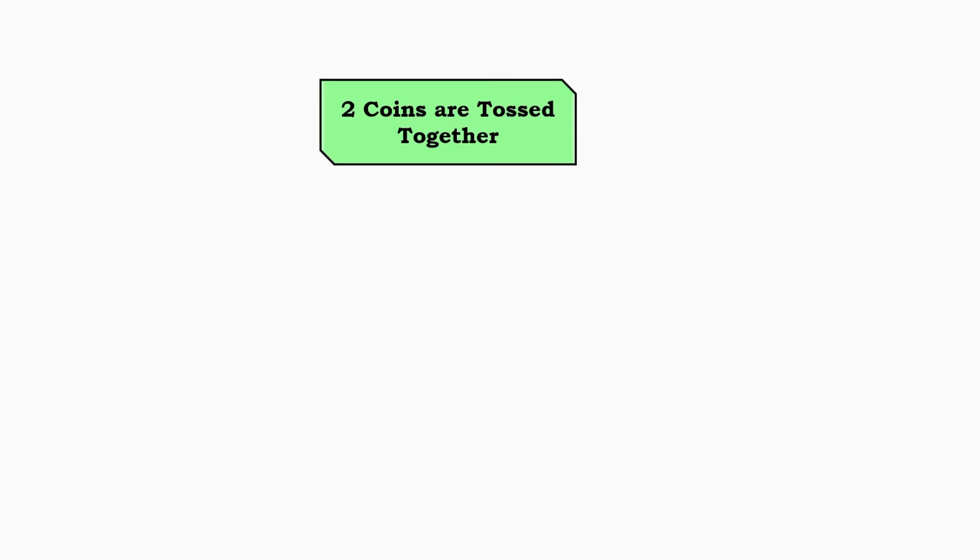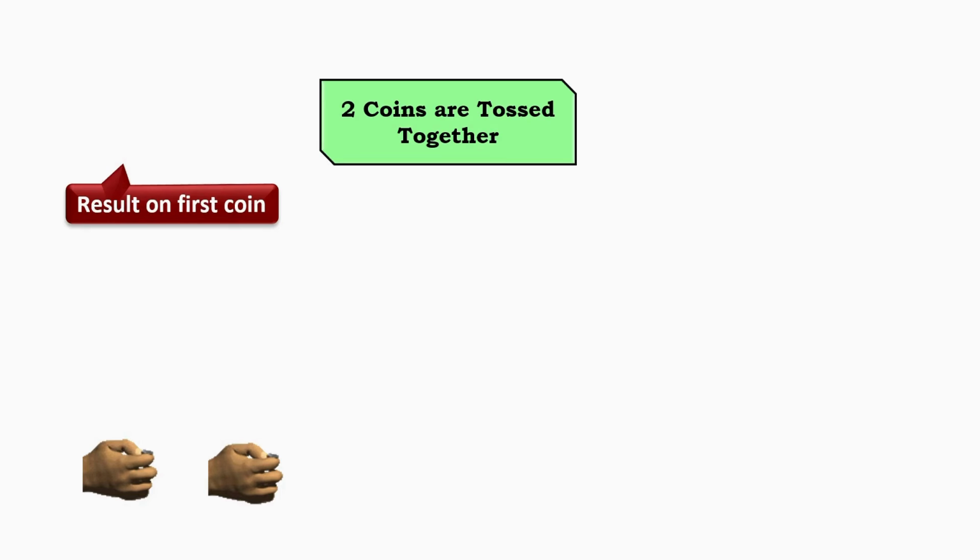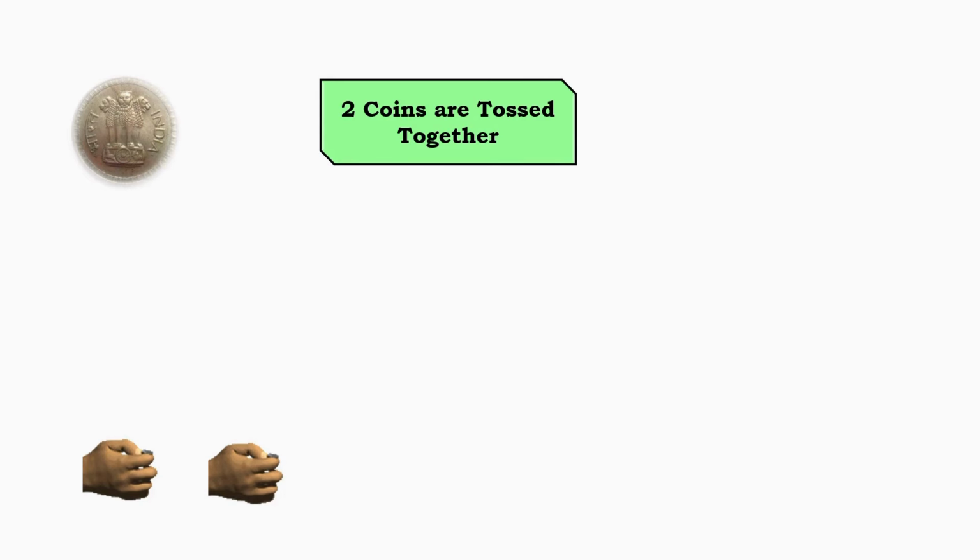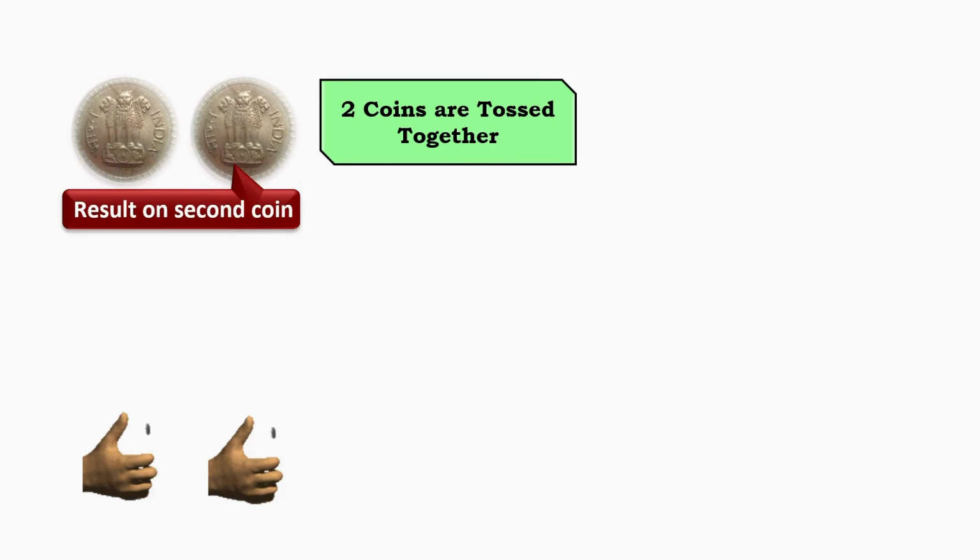Now, when two coins are tossed together, what will happen? Let us take a look. When two coins are tossed, what could be the result of the first coin? The first coin result can be head, and what could be the outcome for the second coin? It could also be head, right?